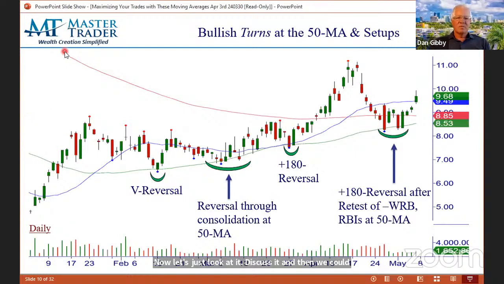So, Greg, we talked about the angle, right? So let's focus on this red line at a 45 degree. That's telling me I don't even need to look to the left. That's telling me I am in a long-term nasty downtrend on the monthly chart.